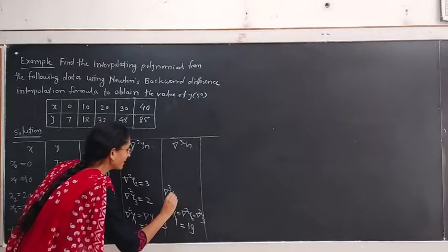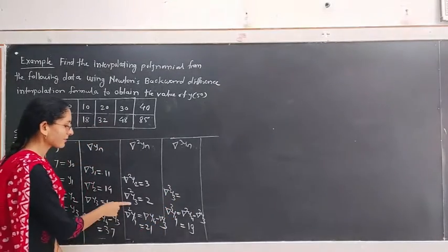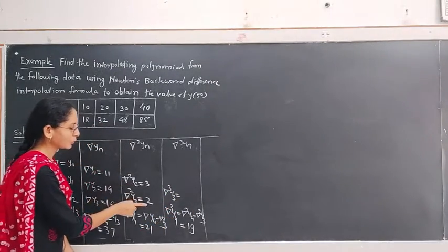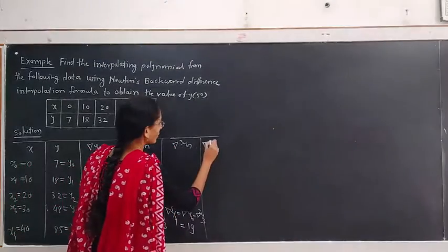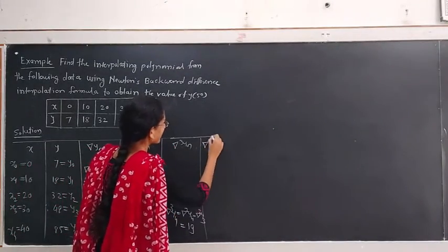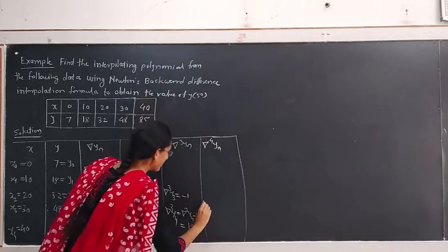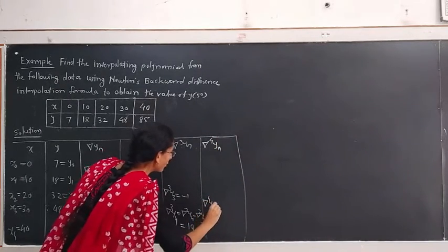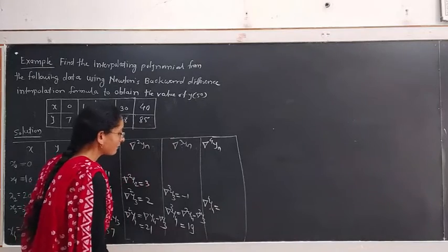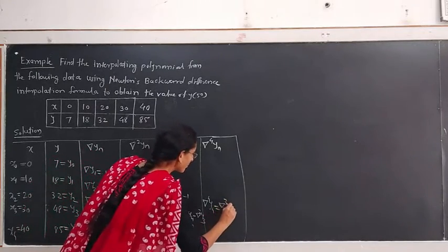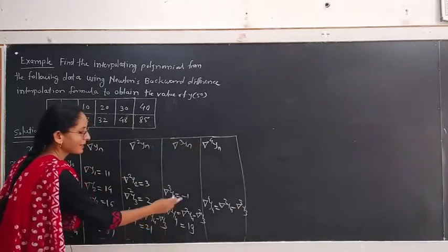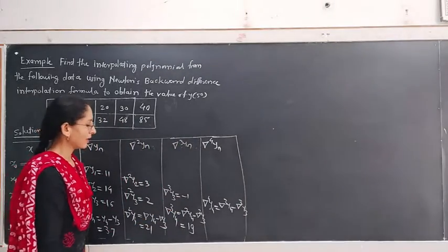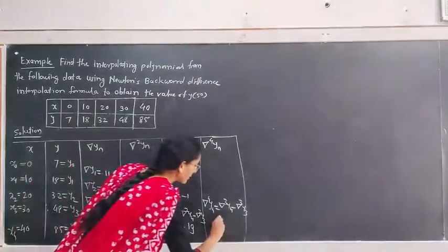Del cube y3 is del square y3 minus del square y2, 2 minus 3 is minus 1. And the fourth order backward difference is given by del raised to 4 y4, equal to del cube y4 minus del cube y3. Del cube y4 is 19, del cube y3 is minus 1, and their subtraction is 20.